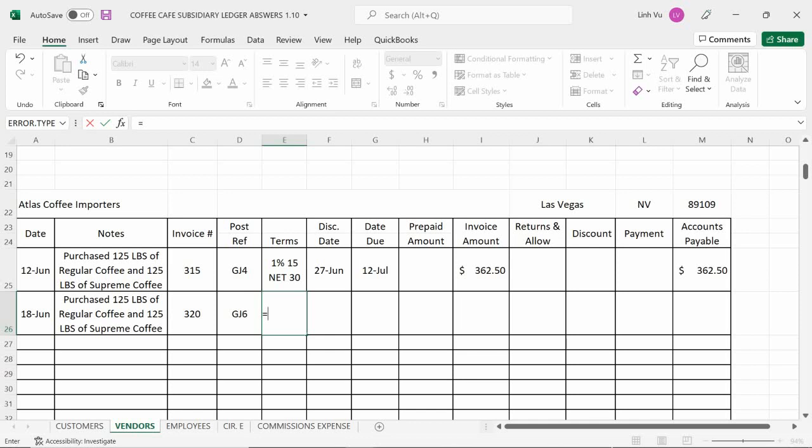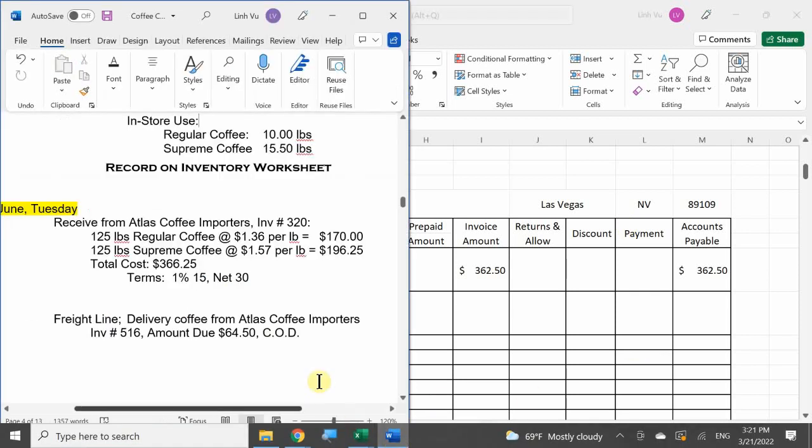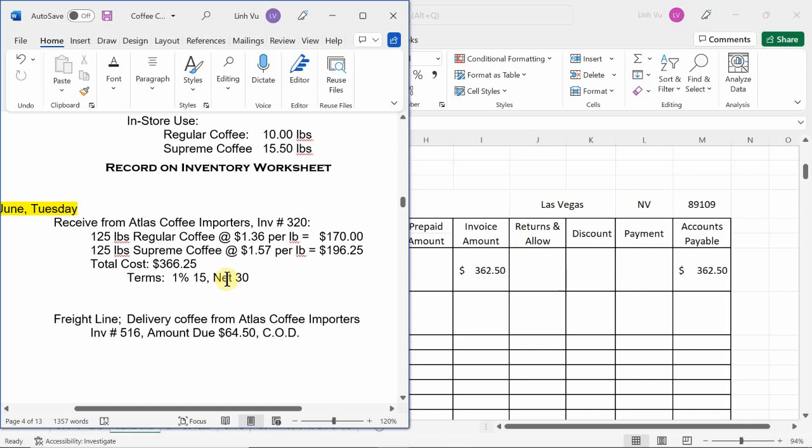Wasn't it the same 1%, 15, and net 30? Let's check my... Yes, 1%, 15, net 30.